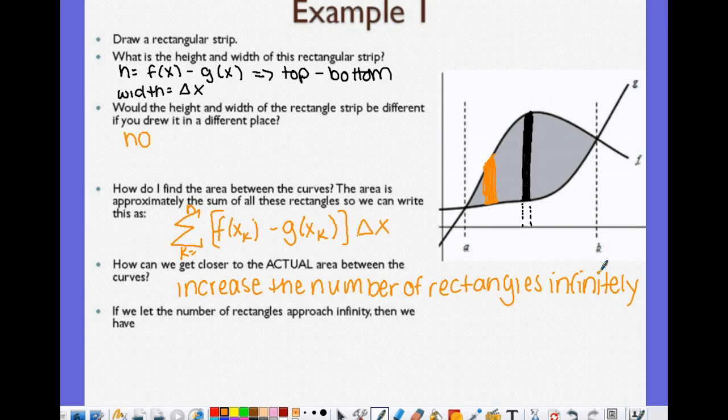So we'll apply the idea of putting a limit on that, which is going to turn this into an integral from a to b of f of x minus g of x dx.